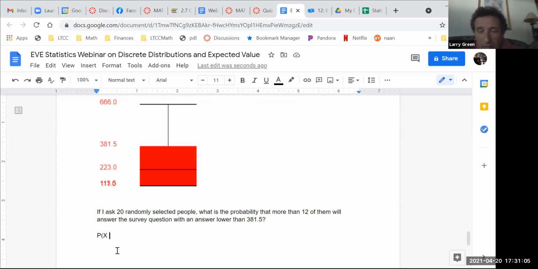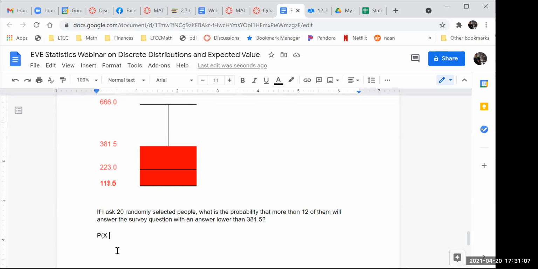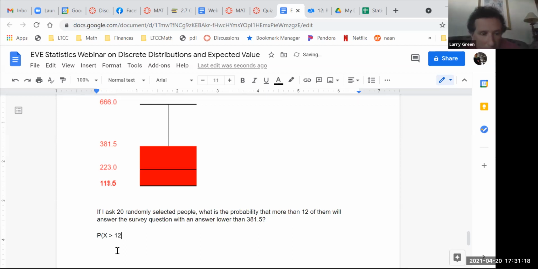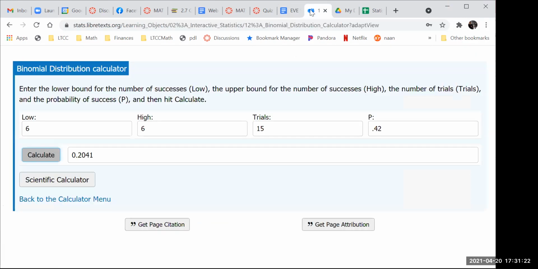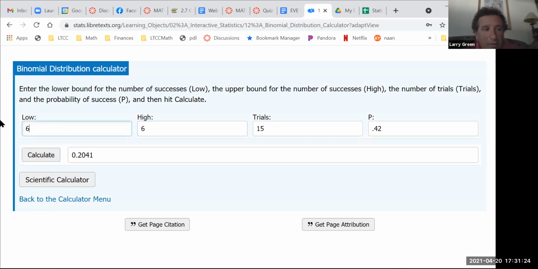What inequality do we have? X greater than 12. Okay, so let me go in here. If we want X to be greater than 12, what's the low? 13.